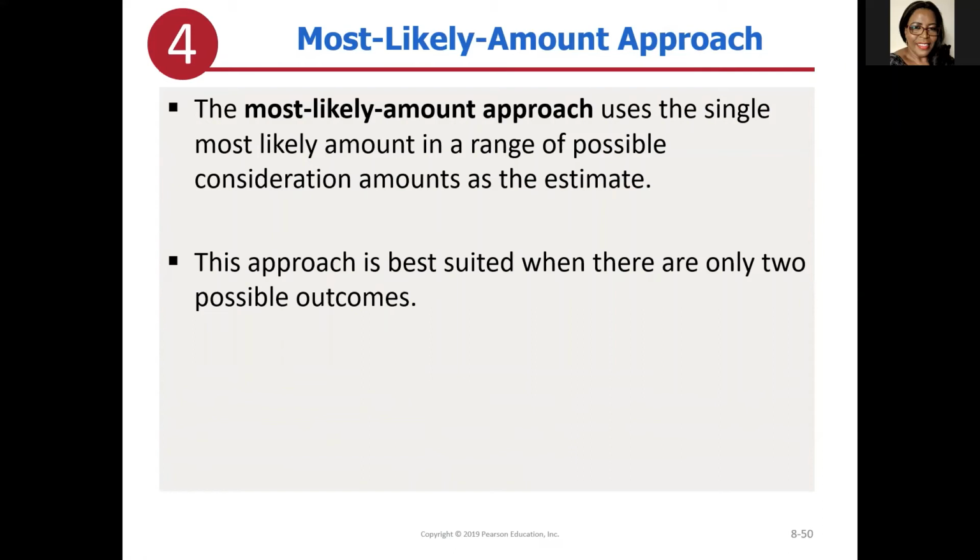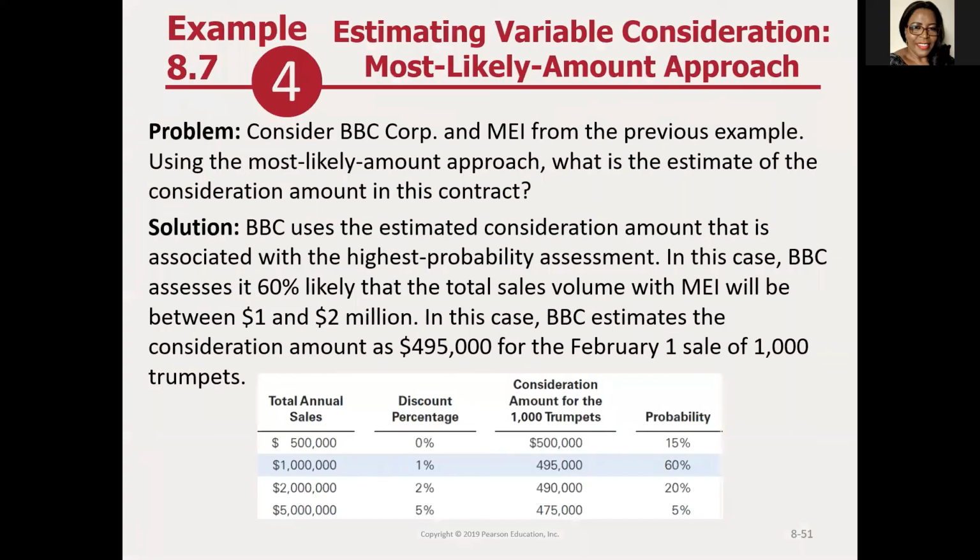Now, this approach is best suited when there are only two possible outcomes. Example 8.7 illustrates estimating variable consideration under the most likely amount approach.